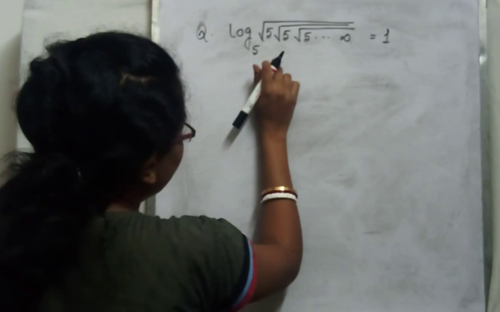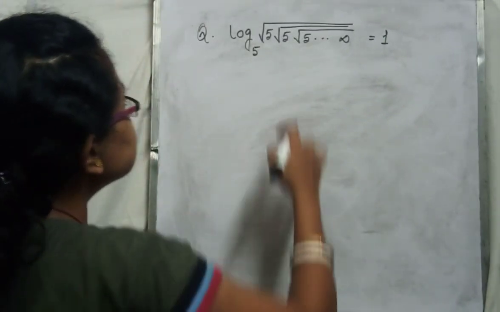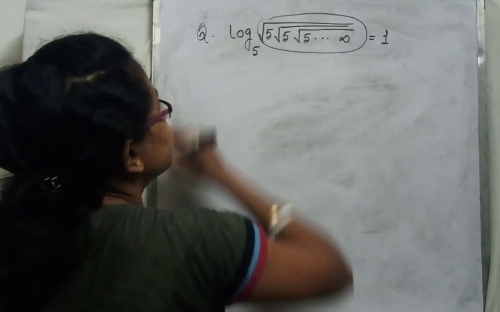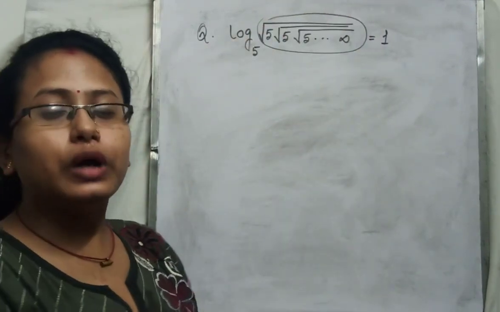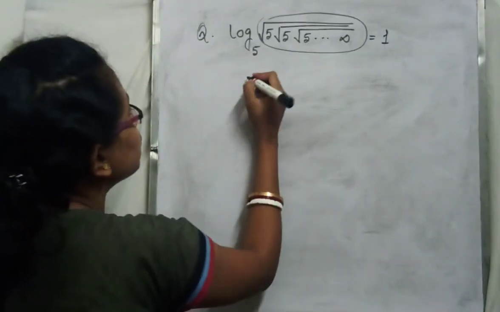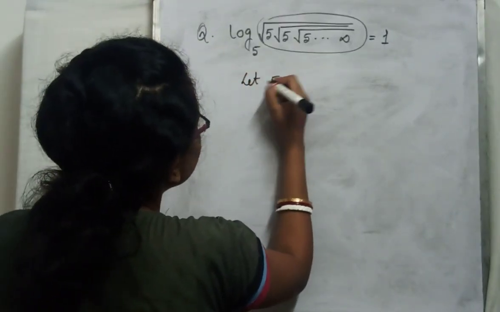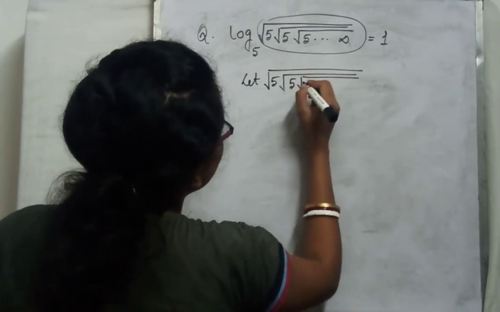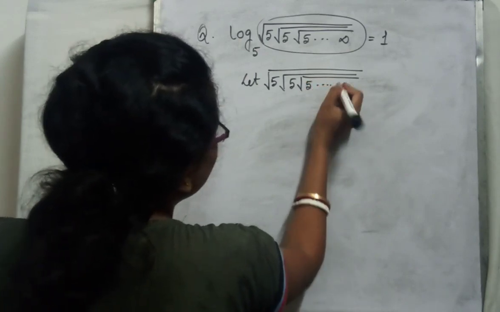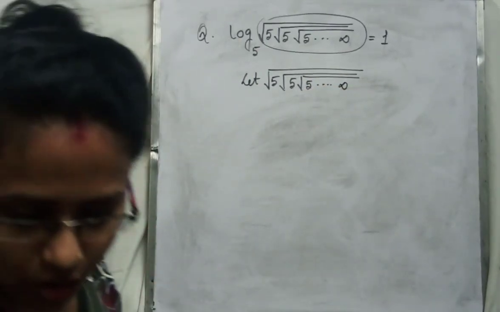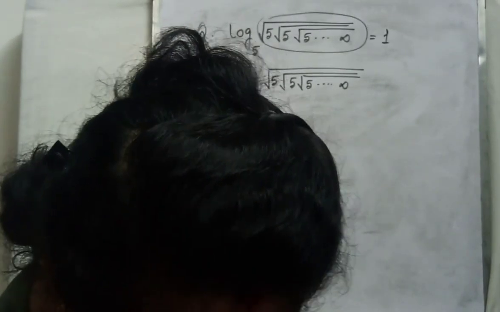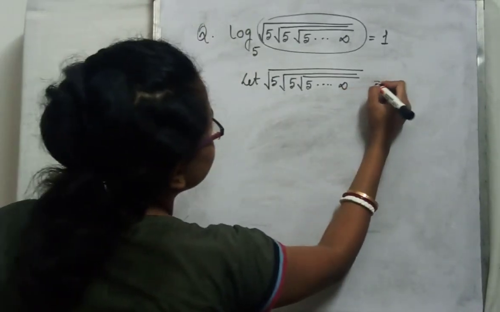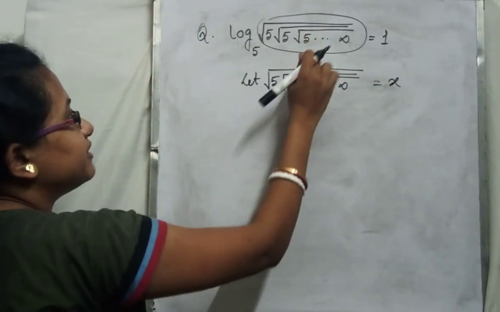So here this thing is very complicated. To simplify this, we have to let this whole thing be x.